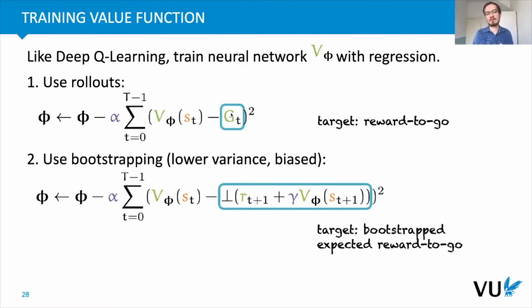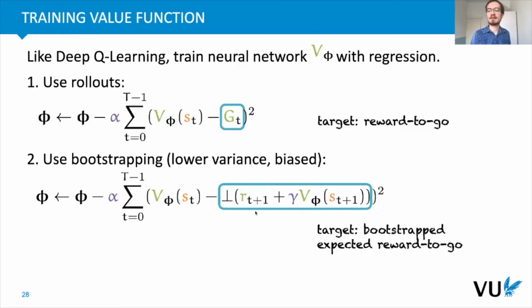So that's one way to do it, but usually what people actually do, just like in deep Q learning, is use bootstrapping. So we use a bootstrapped error that we derived. Just like there is an optimal Q function, there's also an optimal value function, which allows us to derive this very nice regression problem, where your target is now going to be this bootstrap error.